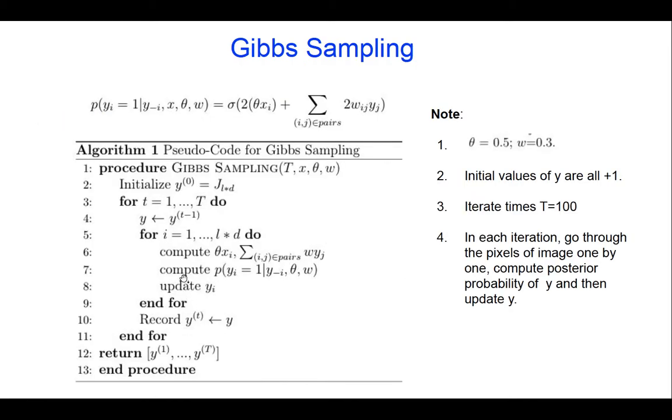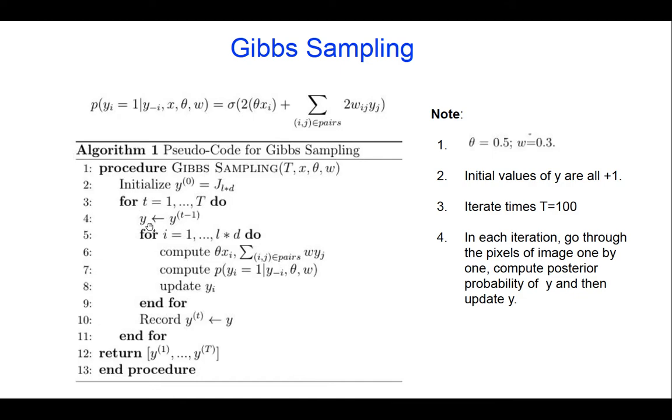Then let's talk about the Gibbs sampling procedure. Here is our posterior full conditional distribution of yi, and we assume the parameters theta equals 0.5 and omega equals 0.3. First, we initialize the image as the J matrix where each entry is +1. Then we do 100 iterations.